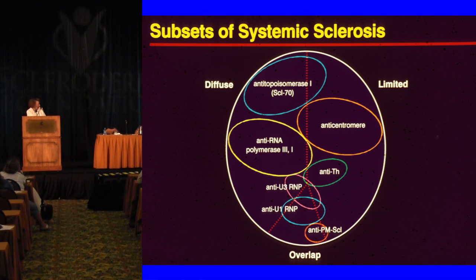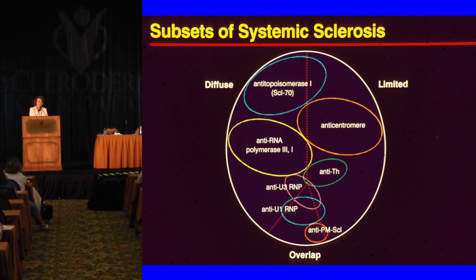The other most common one is called RNA polymerase III, and this is the one that's associated with very severe diffuse cutaneous disease, high risk for kidney involvement, but interestingly, a low risk for severe lung involvement. And then we have some of these other ones that are less common, but they're also very important as far as risk factors because they're what we call nucleolar patterns.